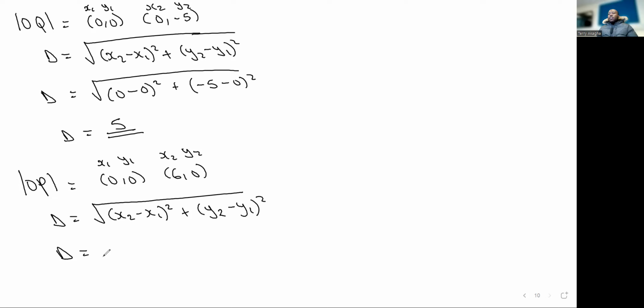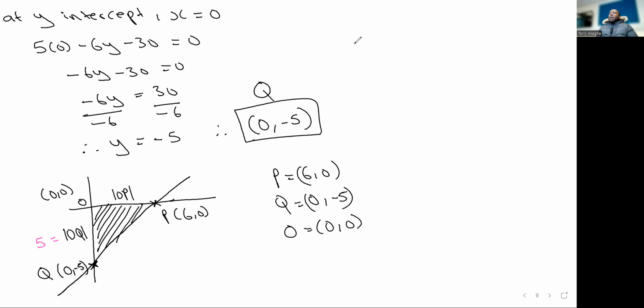My x2 is 6 minus 0 all squared plus my y2 is 0 minus 0 all squared. Then my distance will be 6 squared, that is 36, plus 0, 36. Square root of 36 will give you 6. So now I can say that my OP is equal to 6.